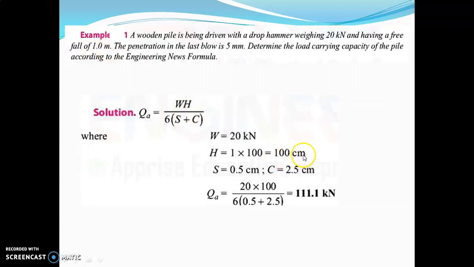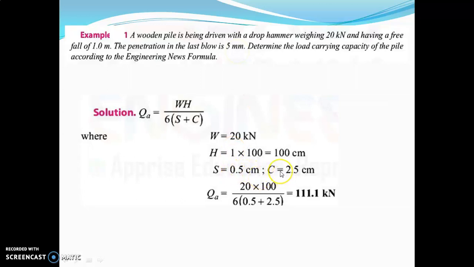If you write in terms of centimeter, that is equal to 100 centimeter, and S is equal to 0.5 centimeter, the penetration of the last blow, that is 5 mm.